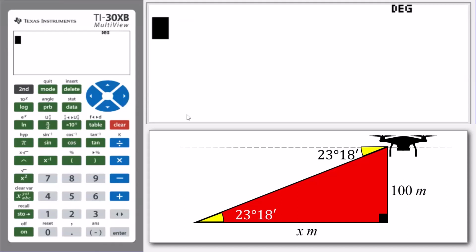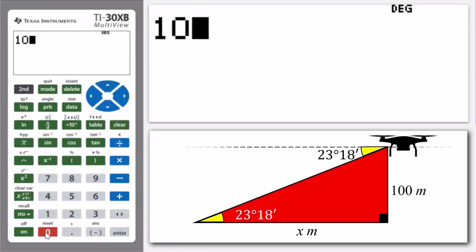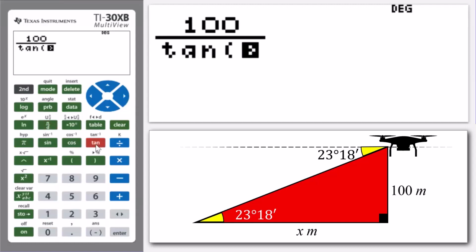It's now time to compute this value for x using our calculator. So we're going to enter 100, then we're going to press the fraction key. Now we press the tan key and we enter 23, and that represents the number of degrees.